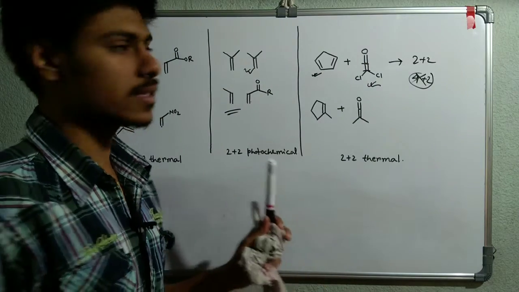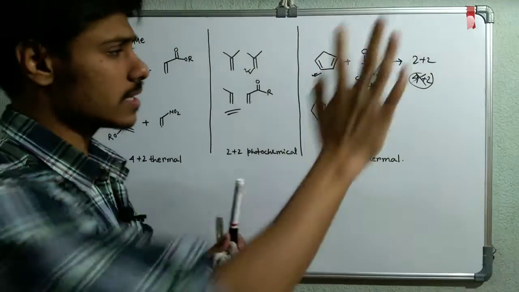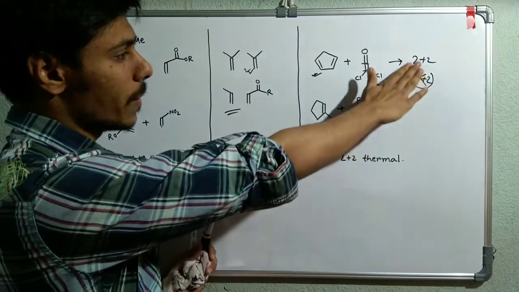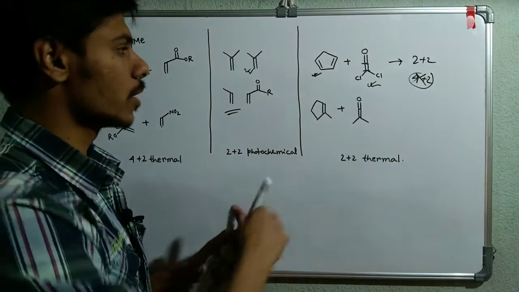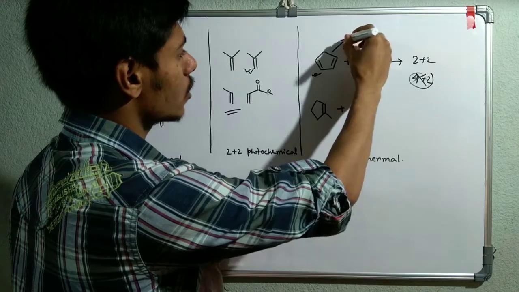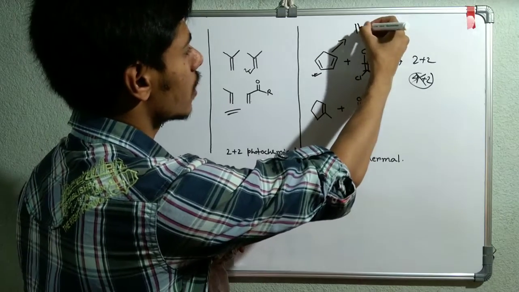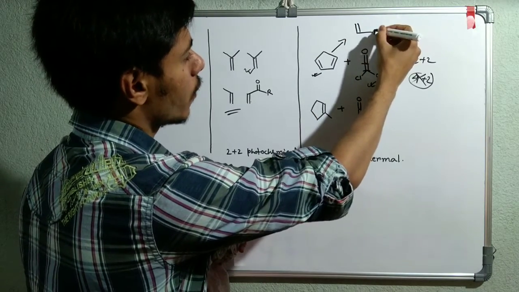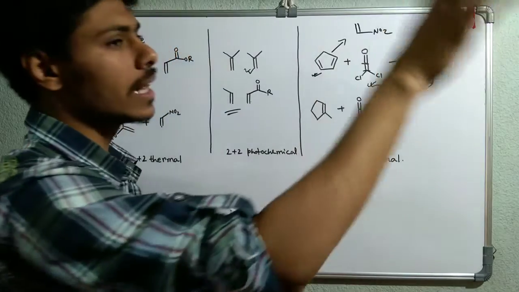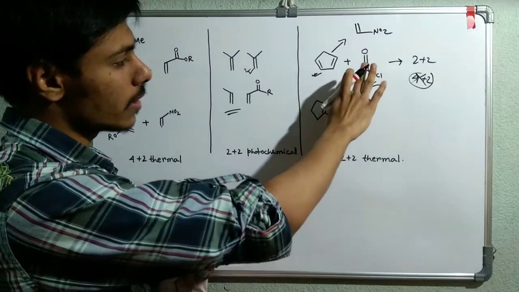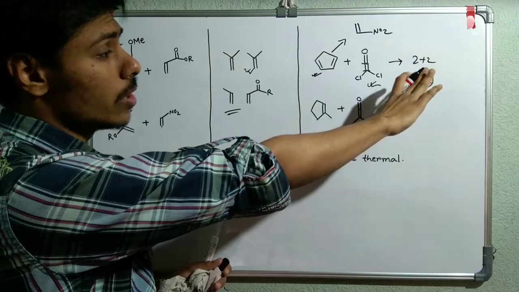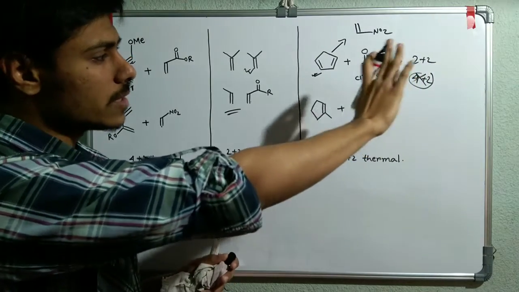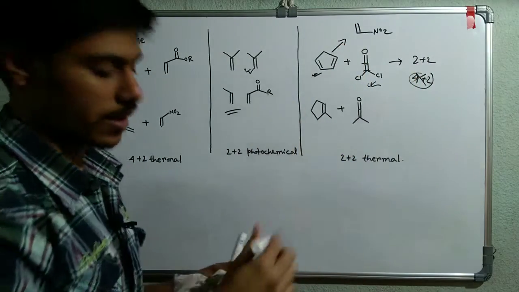We don't know the exact reason, but the conclusion is that with ketene 2+2 reaction is much faster than 4+2, because if you do the reaction of this diene with some ordinary dienophile, for example NO2 group over here, you will get clear 4+2 reaction, but when you do the reaction with ketene you always get 2+2 reaction. So that means with ketene 2+2 reaction is always faster.